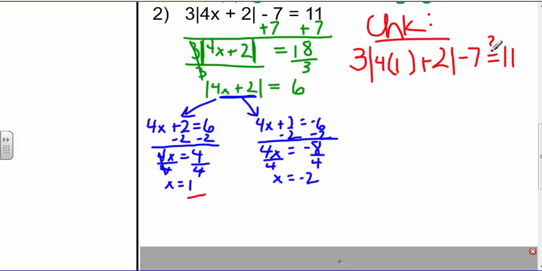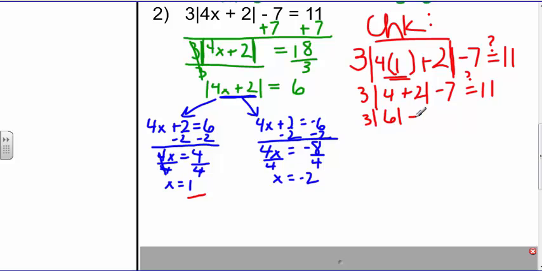We're going to evaluate the left-hand side of that equation using order of operations. So we'll go inside the absolute values. They work just like grouping symbols, so we have to do inside first, and we do the multiply part first. So 3 absolute value, 4 plus 2, minus 7. Checking to see if that equals 11. 3 absolute value, 4 plus 2 is 6.